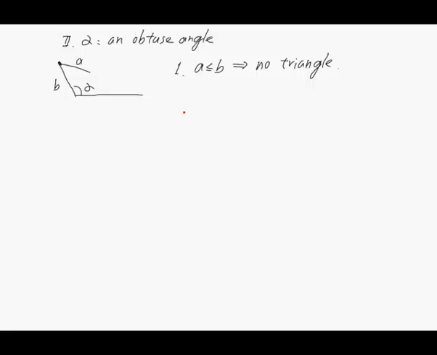Now case 2, so this is case 1. This is B, this is angle alpha, and this is A. So case 2, if A is greater than B, then exactly you can have one triangle.